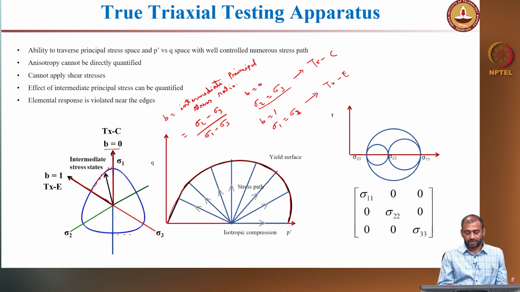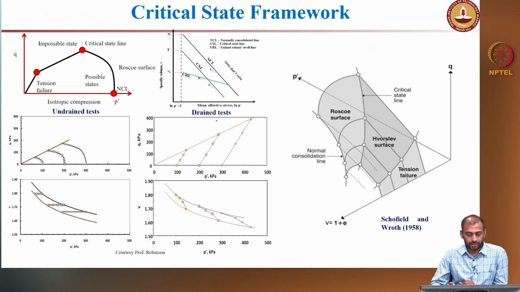So you finally construct the failure locus. Again, this anisotropy cannot be directly quantified. You need to do other types of tests to quantify the anisotropy, but at least you will try to get the failure locus by performing tests at different stress paths, right.